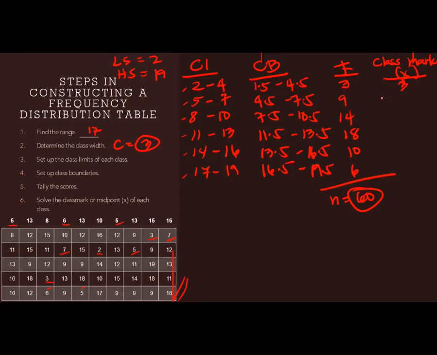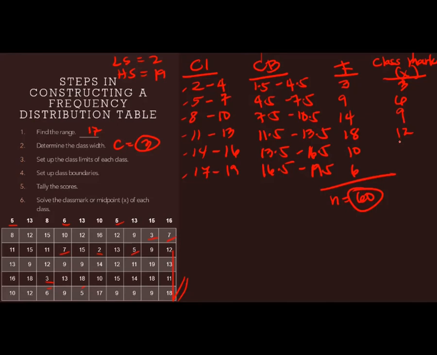And then next, we have 5 plus 7. That is 12 divided by 2. This will give us 6. Next, 8 plus 10 divided by 2, 9. 11 plus 13, 24 divided by 2, 12.